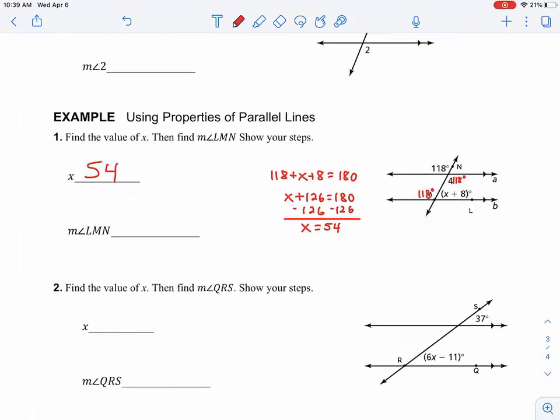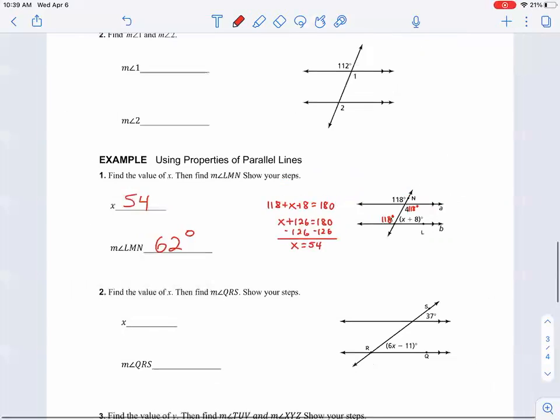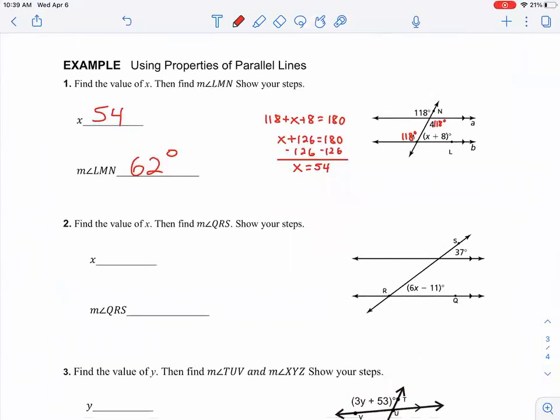And so the angle LMN, I have to plug 54 in for x. So 54 plus 8 would be 62 degrees. So the next step that we're taking here today is writing those equations.